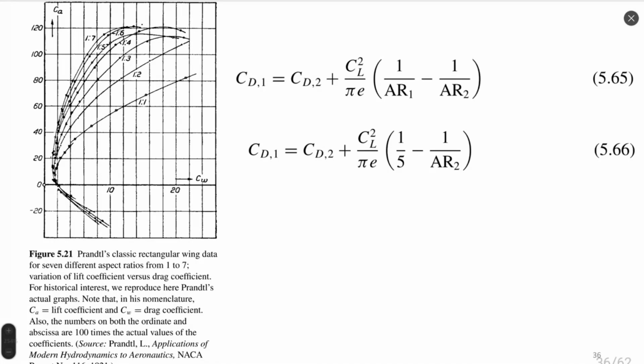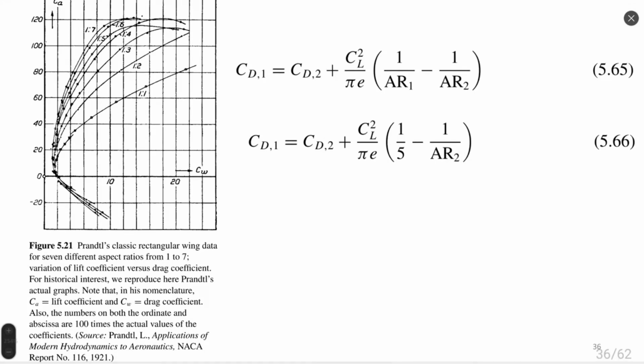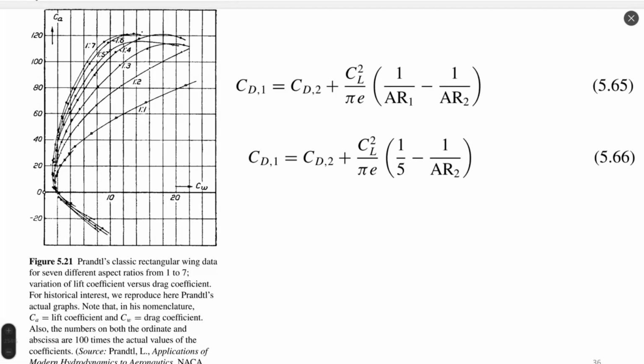data taken a long time ago in 1921, more than 100 years ago. You can see here the axes are lift coefficient and drag coefficient, but you can see that in those days lift coefficient and drag coefficient were denoted by very different symbols like CA and CW, and they are not in the form of coefficients, they are in the form of some dimensional parameter, because the classical lift and drag coefficients, which we know today, change from 0 to 1 more or less, right?